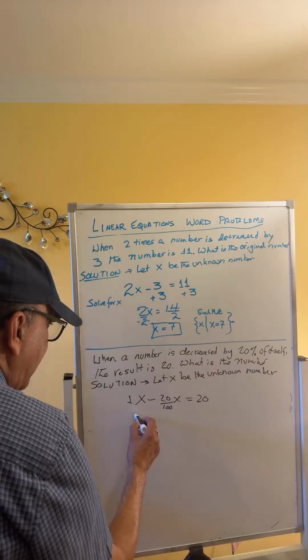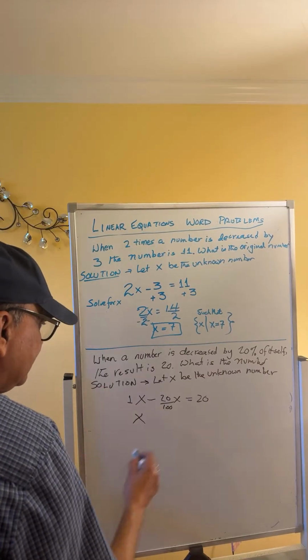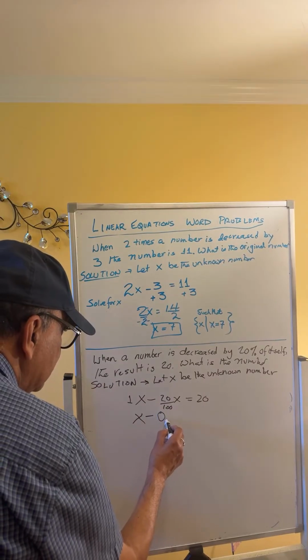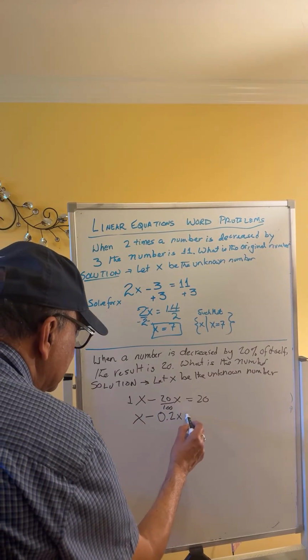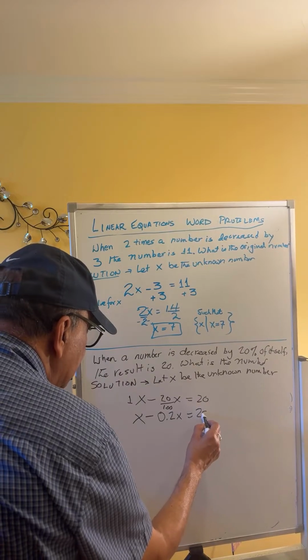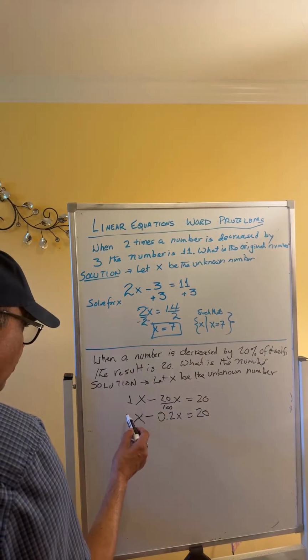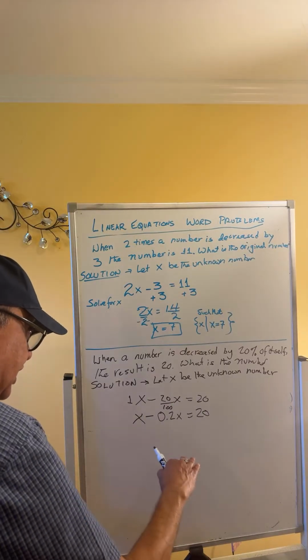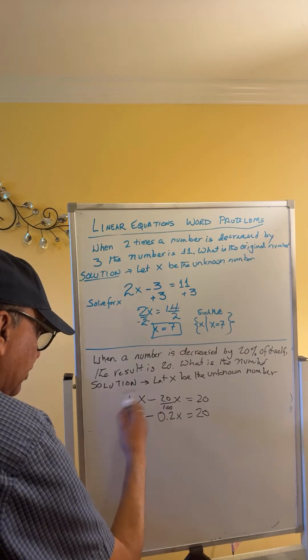So we have x, we do not write the 1 in algebra convention. 20 divided by 100 is 0.2, x equal to 20. Now 1x minus 0.2x, as with anything in algebra, we operate on the coefficients.